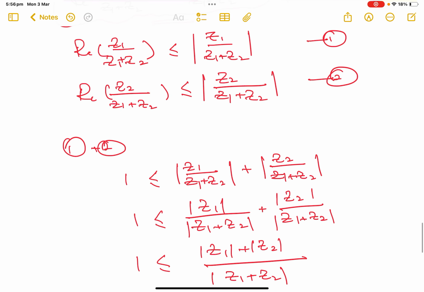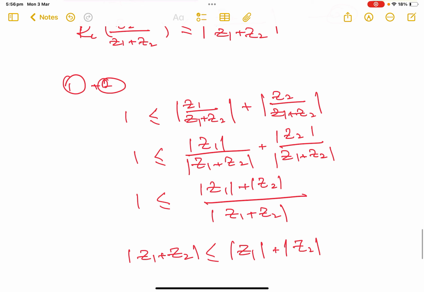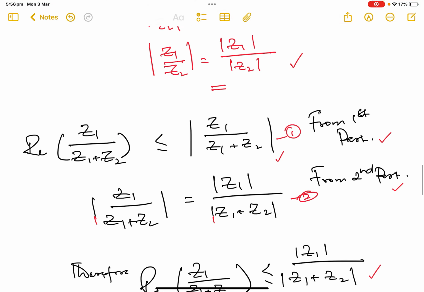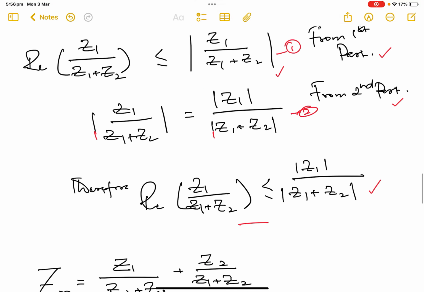The right-hand side is the modulus of Z1 over Z1 plus Z2 plus the modulus of Z2 over Z1 plus Z2. Then we know from the second part, previously, we proved it here.